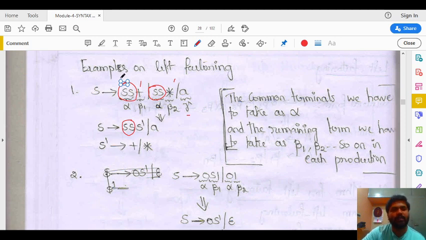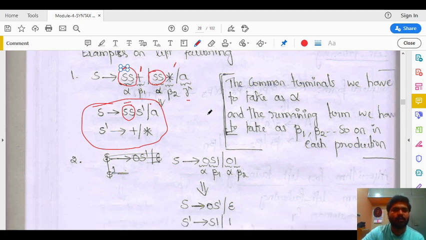S dash tends to beta 1, that is plus or star. So what did we do? This is my left factored grammar, where the productions on the right hand side do not start with the same symbol. The common terminals we take as alpha, and the remaining terms we take as beta 1, beta 2 and so on with respect to each production. So this is one example.